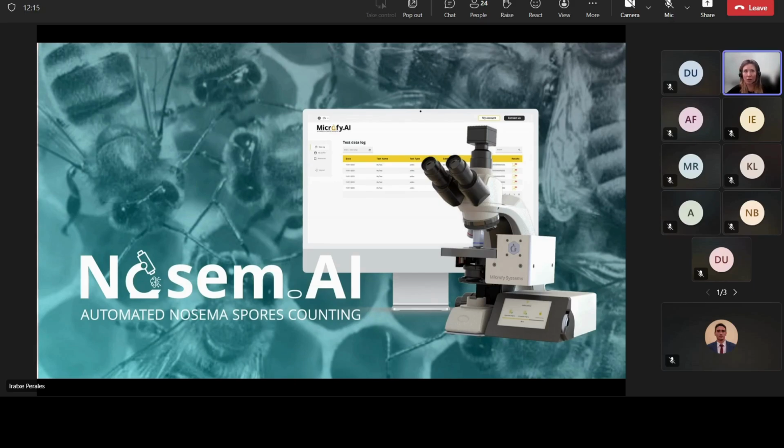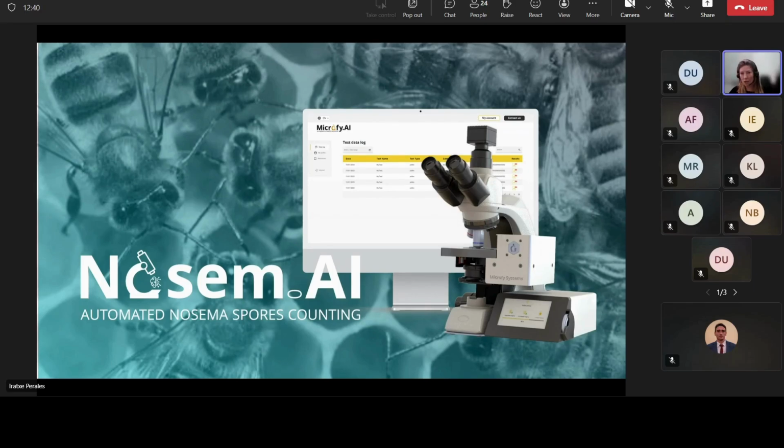So they do everything like traditional counting with bright field microscopy. And we asked them if it could make sense to automate this functionality in the same device. They liked the idea and they told us they would help us to develop the system. And that's how Nosema AI started.